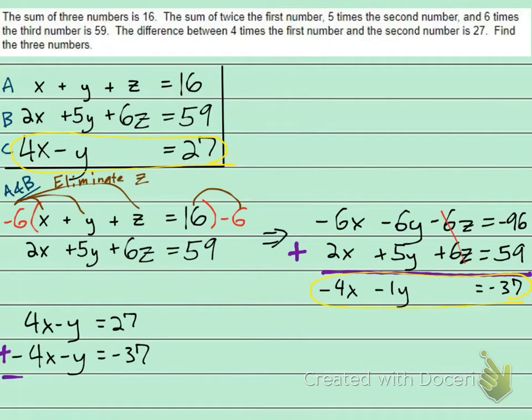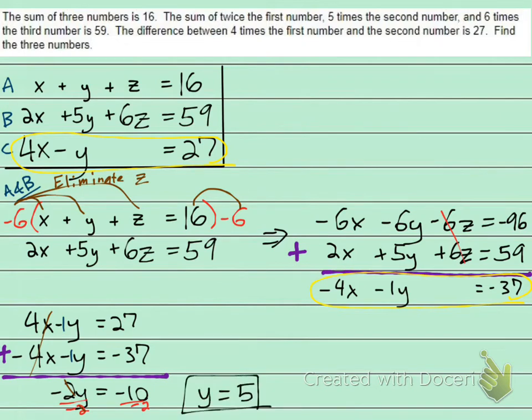If I add these two together, look at what happens. 4x minus 4x, gone. Now I have negative 1y minus 1y, that's a negative 2y, equals 27 minus 37, negative 10. So negative 2y equals negative 10. Let me divide both sides by negative 2. And y will equal 5.